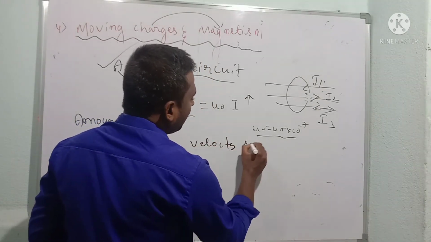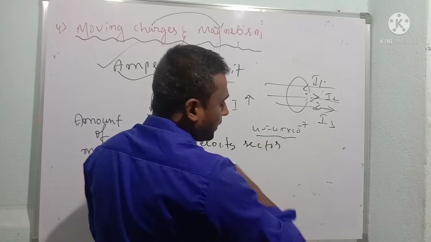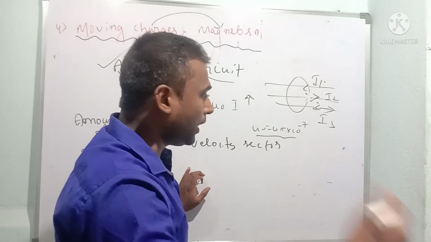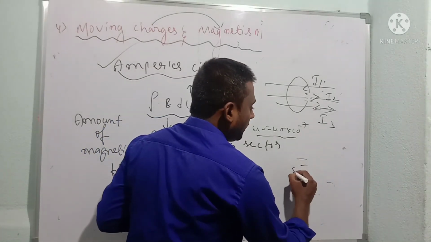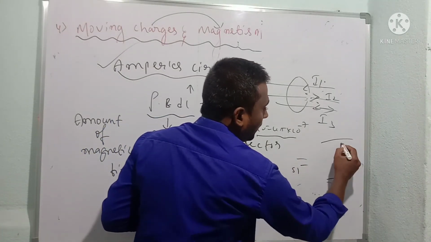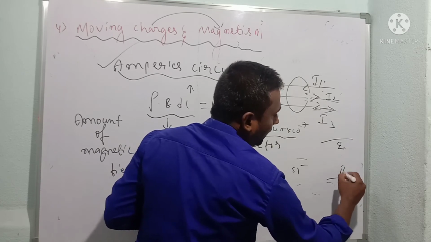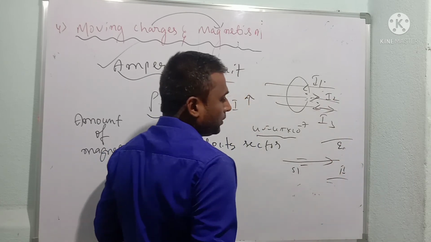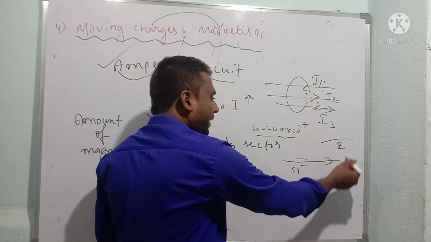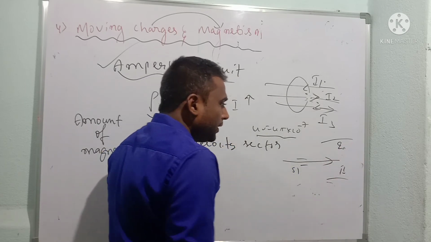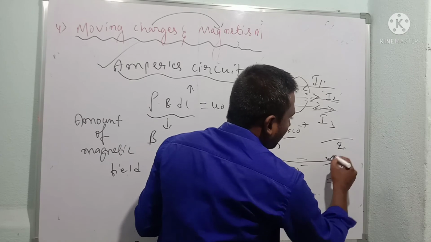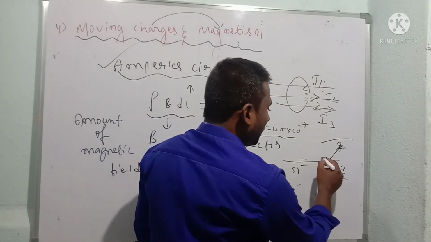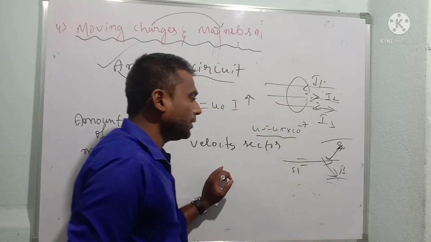Dear children, consider charged particles moving where both an electric field and a magnetic field are present. Here this is S1 and this is S2. Here the electric field is present, here the magnetic field is present. Now if I pass the charged particles through both the electric field and the magnetic field, then due to the electric field the charged particles move upwards, and due to the magnetic field the charged particles move downwards.